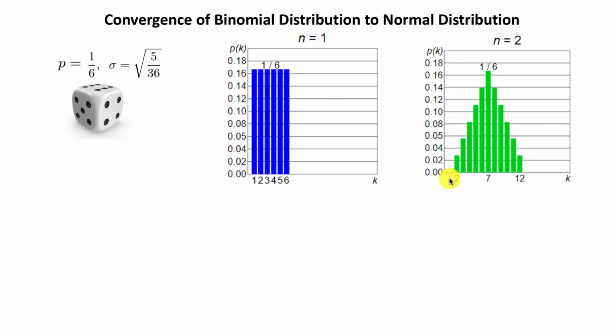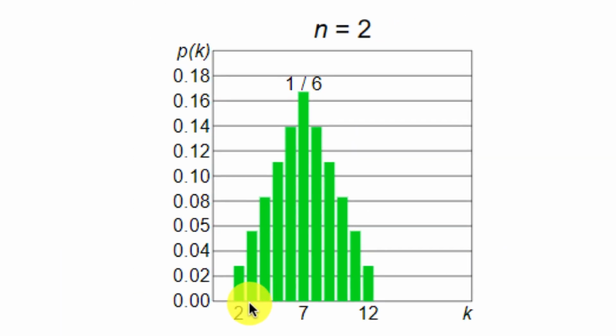You can get at a minimum 2. So if both die land with a 1, then that adds up to 2. If both land with a 6, that adds up to 12. If you look at 3, well, 3 can be done as 1 plus 2 or 2 plus 1. And similarly, we can go through all these different combinations over here.